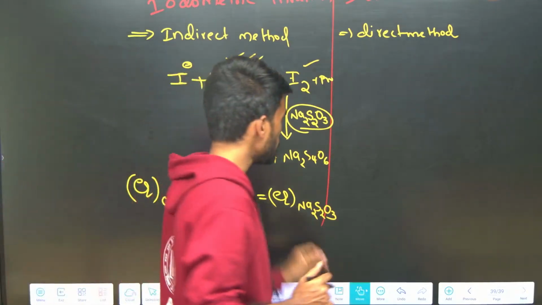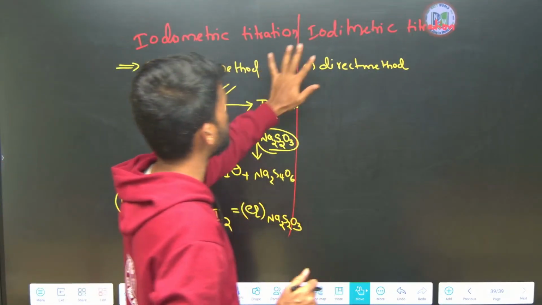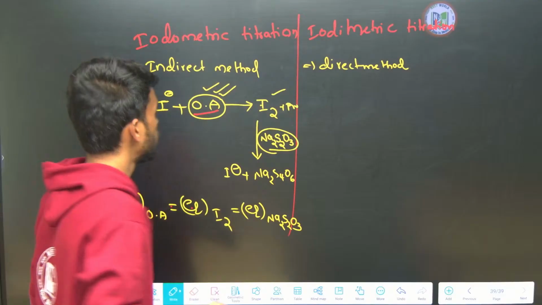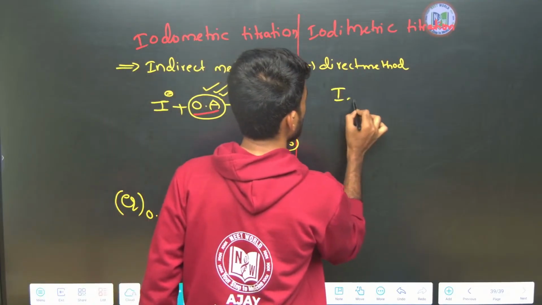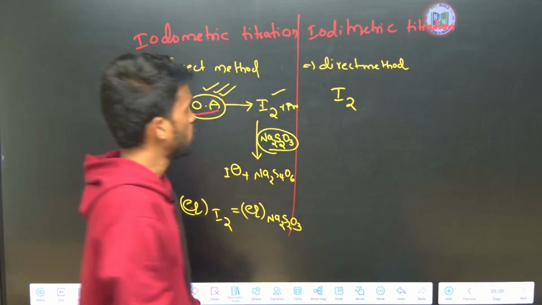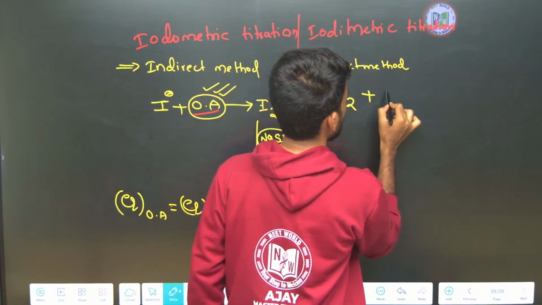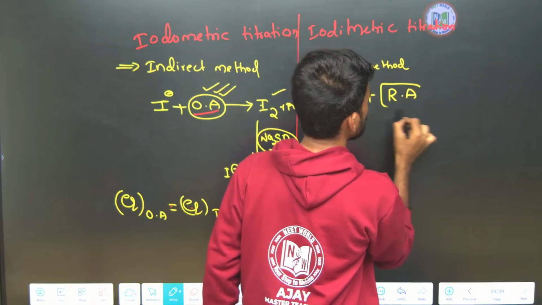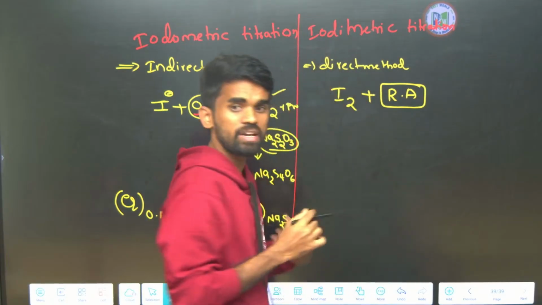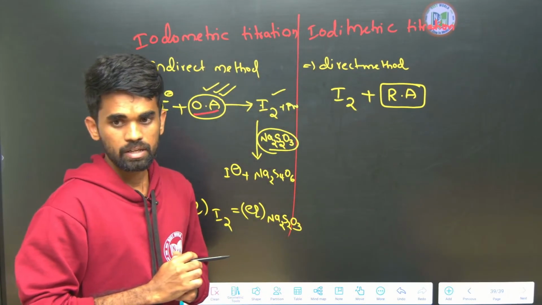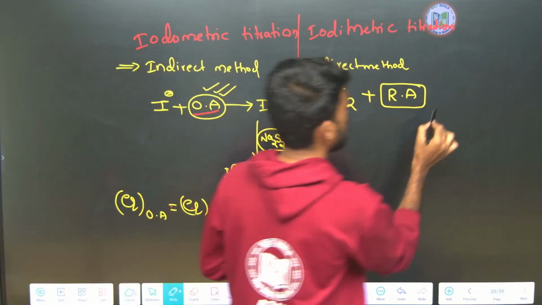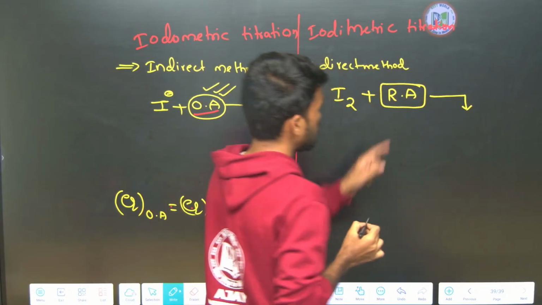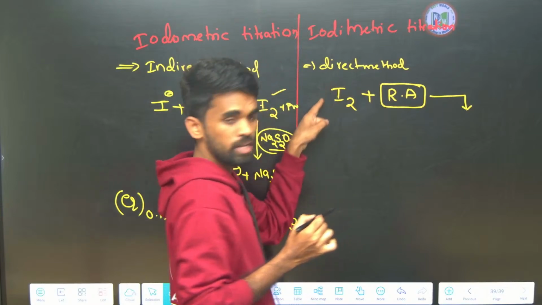Okay. Now when it comes to iodimetric titration, here direct iodine, I2, is taken. This will be used for finding the concentration or strength of a reducing agent. Now what will it do? This reducing agent will convert our iodine to iodide ion.